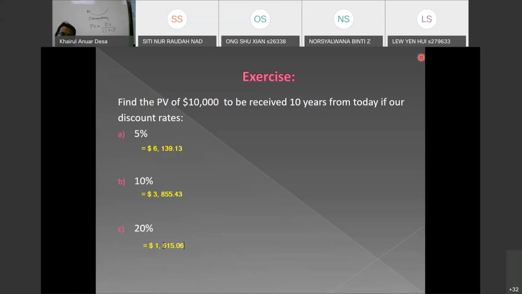If you want to use a calculator, you also can use this one: present value equals future value times 1 plus i to the power of negative n. If you want to use the straight line equation in your calculator, you can use present value, future value.